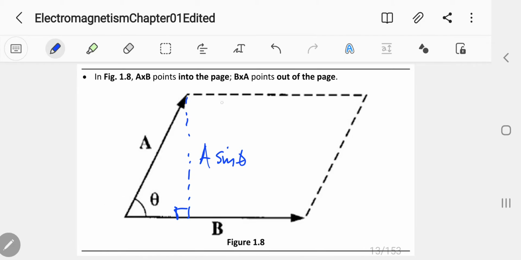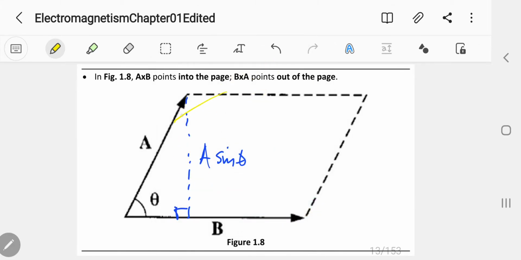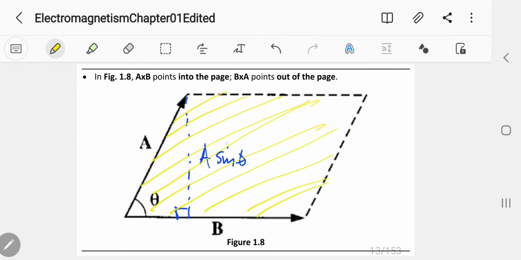So this is a trapezoid. This is a trapezoid that is subtended by the vectors A and B.